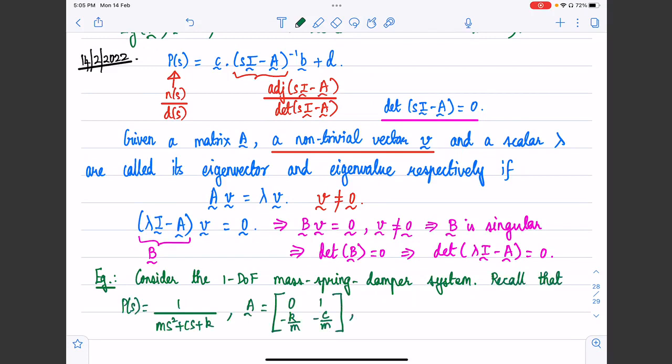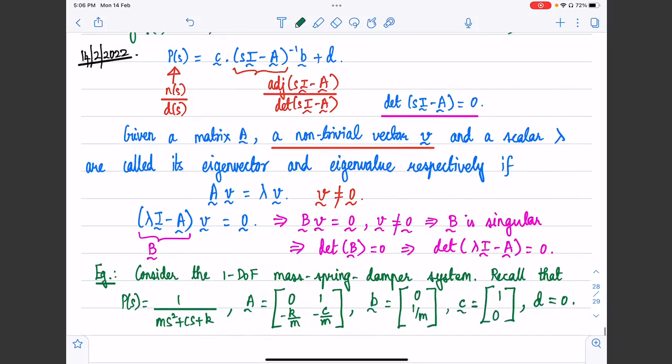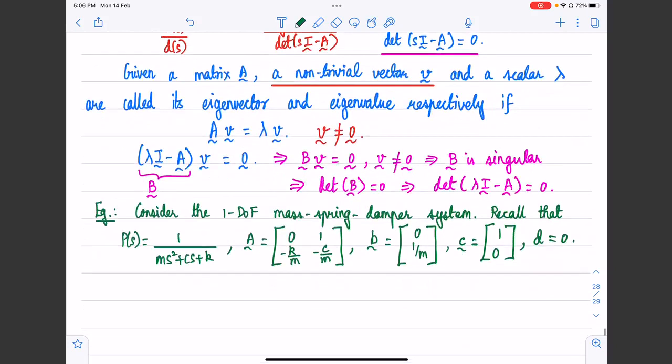The input vector B is [0; 1], the output vector C is [1, 0], and the direct transmission term is 0 for this particular problem.